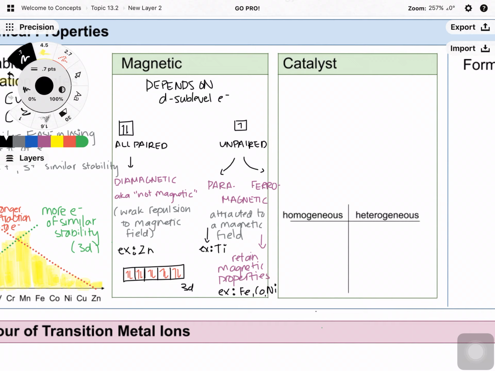When we have unpaired electrons, we can have 2 scenarios: paramagnetic and ferromagnetic. Both of these cases are attracted to a magnetic field, but specifically ferromagnetic substances retain their magnetic properties. The three examples that you need to know of ferromagnetic atoms are iron, cobalt, and nickel.